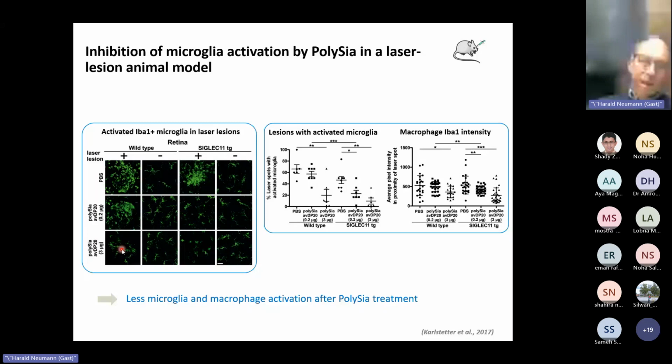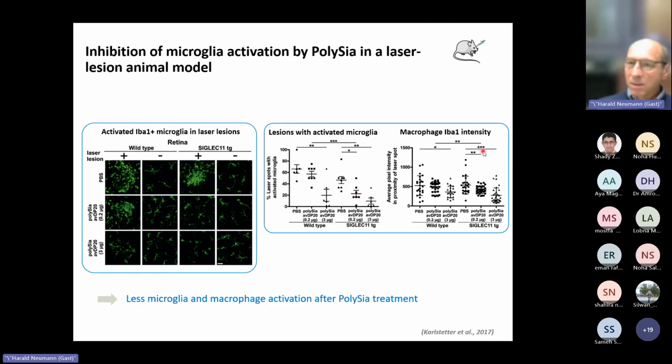And I mentioned they have also another receptor, CYCLAC-E, and apparently if you have a much higher concentration, you can also target this receptor. And there's the quantification. Yes, wild-type, CYCLAC11: if we treat them with polysialic acid, we reduce the microglial activation, with a higher concentration in the wild type, and even a lower concentration in the CYCLAC11 transgenic.